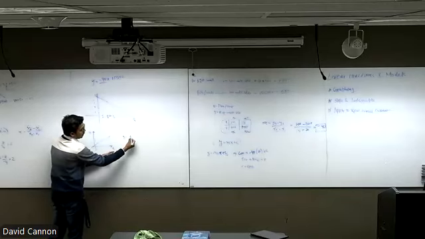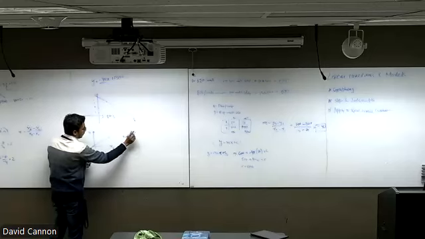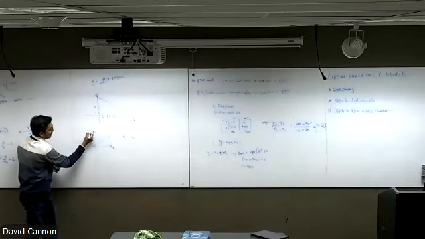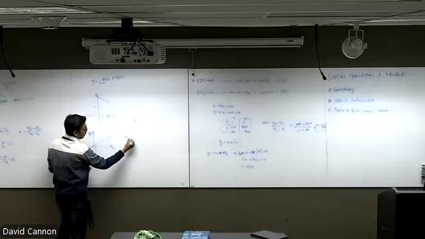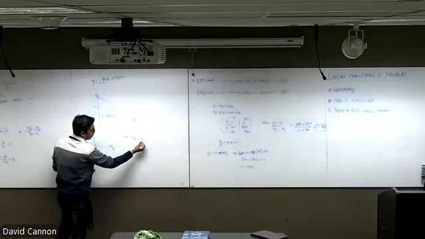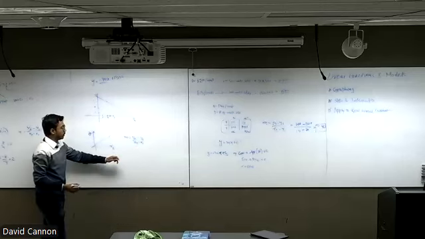It would be y2 minus y1 over x2 minus x1. So this is the formula, right?